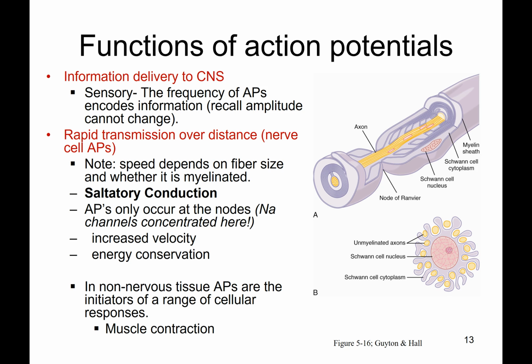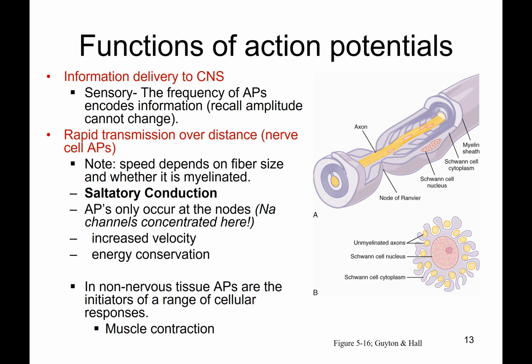How is that coded? It's all about frequency. So if an action potential is generated over and over and over again, your brain interprets that as, that's a lot of signal, right? That's temporal summation.